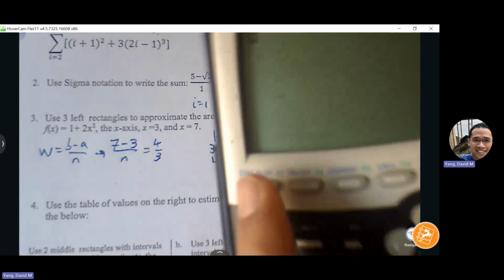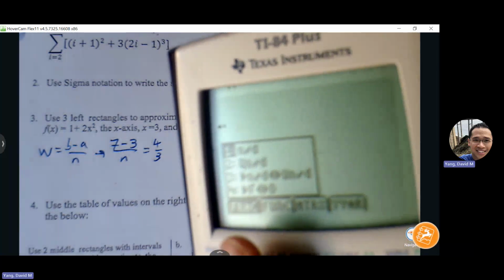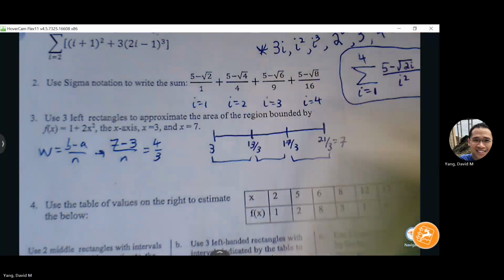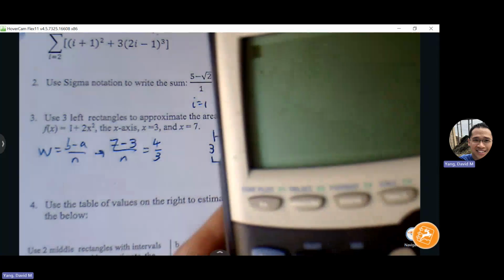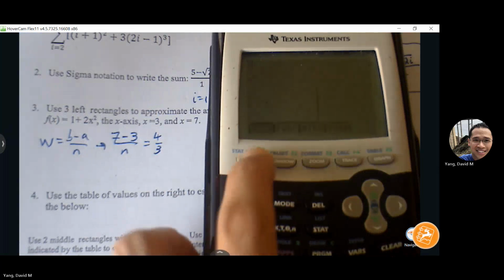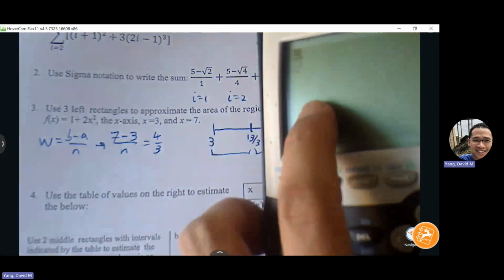If you do alpha y equals, there's an n over d feature there, and that'll get you the fractional math print. So you do alpha y equals, and then a menu will pop up, and there's that first one there, n over d.